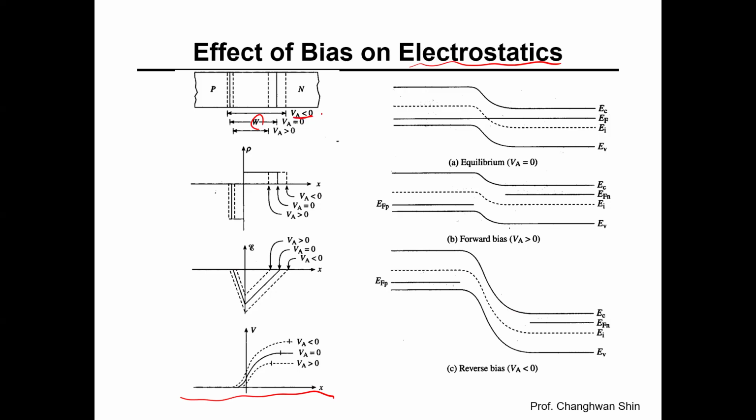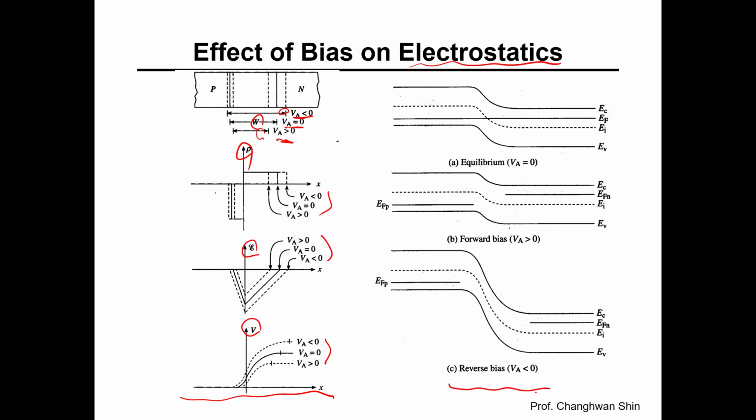Under reverse bias, W increases, right? And at equilibrium, W has its natural width. Under forward bias, W decreases. Similarly, the charge density rho, electric field E, and potential distribution V all change with bias.